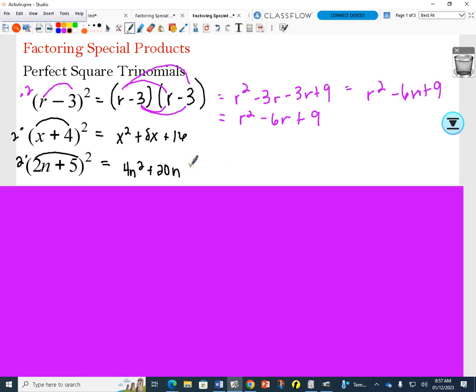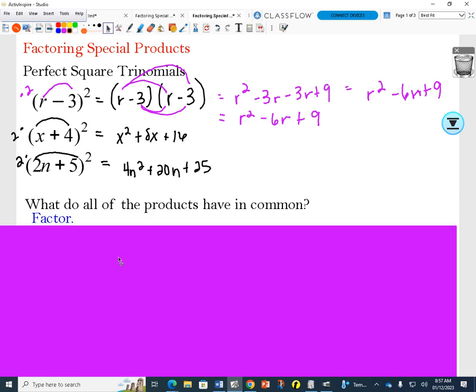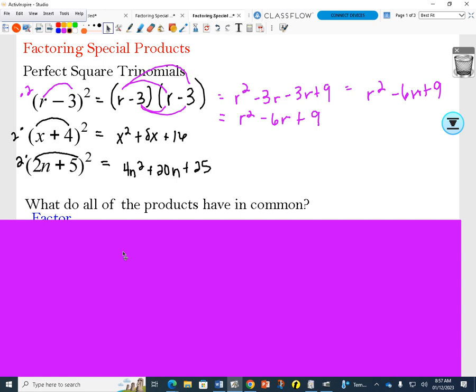So you don't have to write this question, but what do all the products have in common? Clarence? Okay. So they all have in common a perfect square first term.